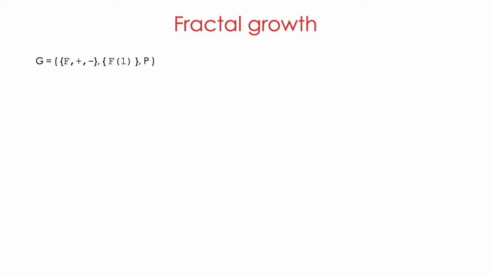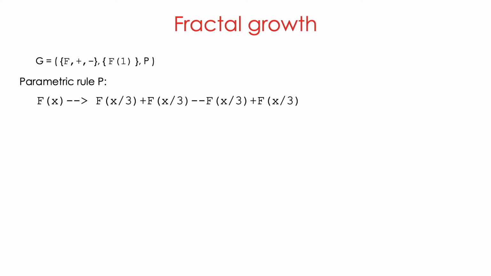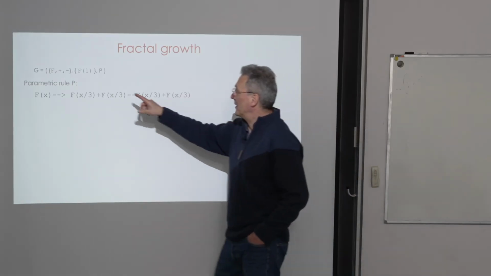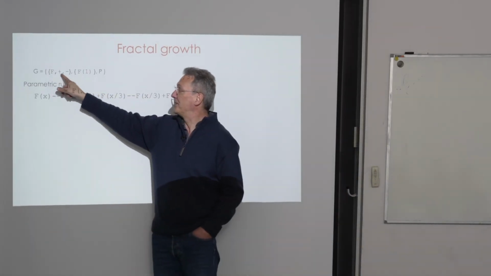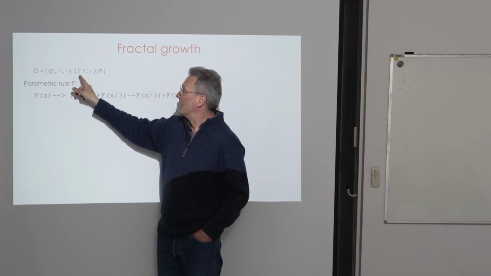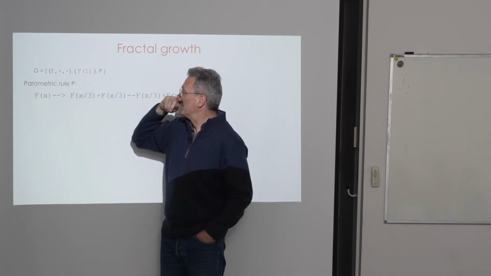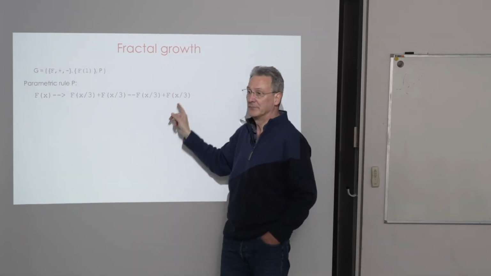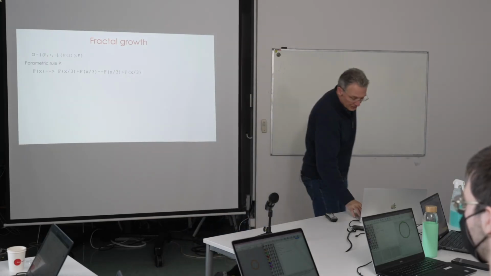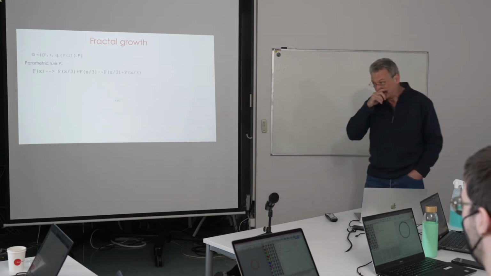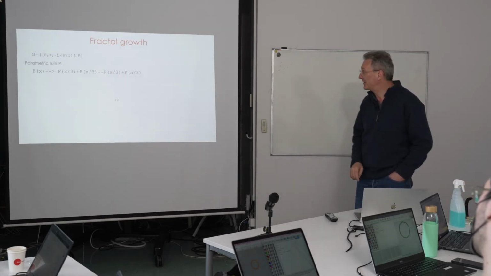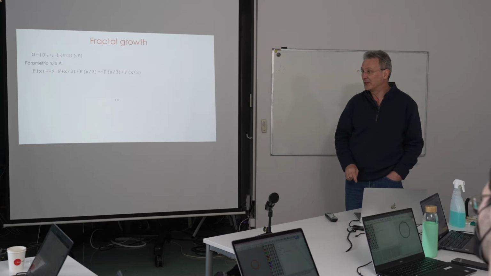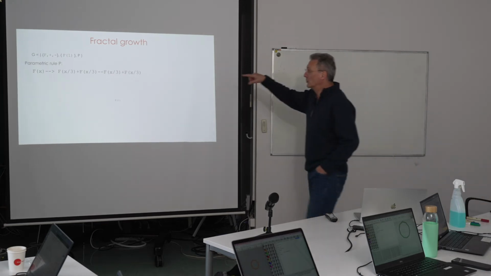And then we can revisit what we did with the fractal example, with the von Koch curve. In this example, the L system was a set of symbols, an axiom, and a rule, and the rule is defined here. So what occurred when we did the derivations, we started with an axiom f of 1, and then we applied the rule.